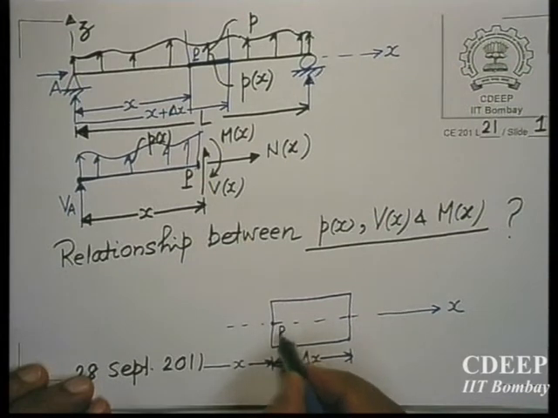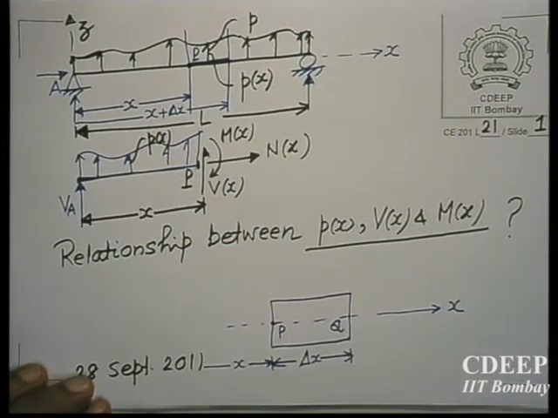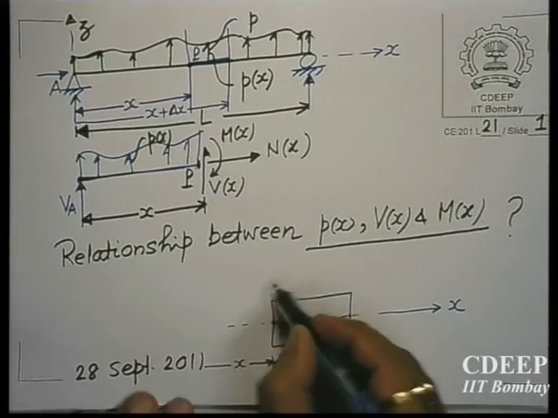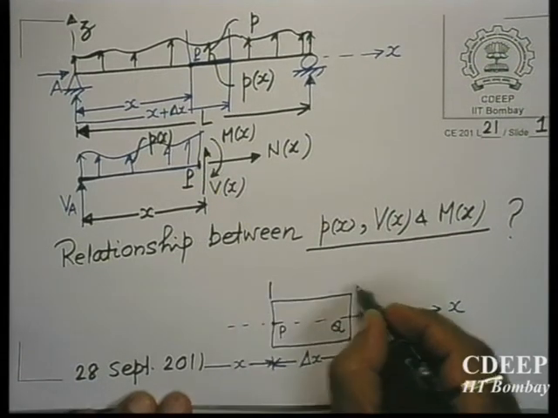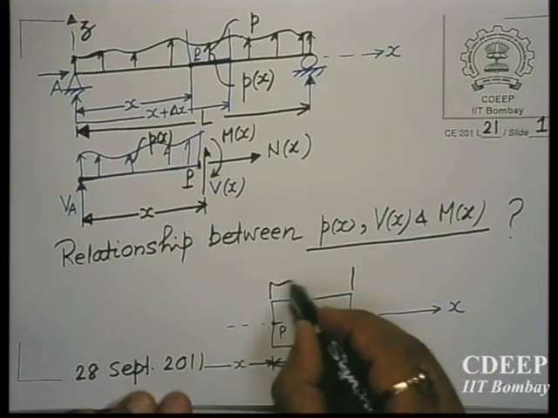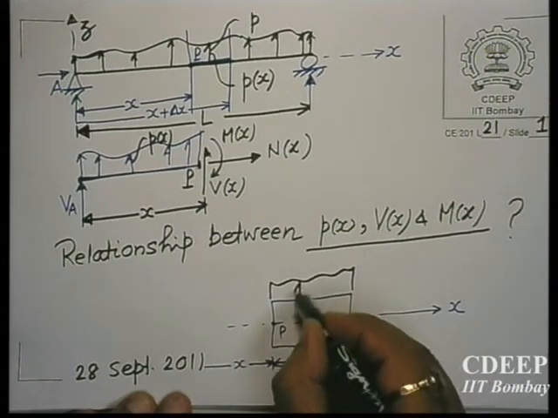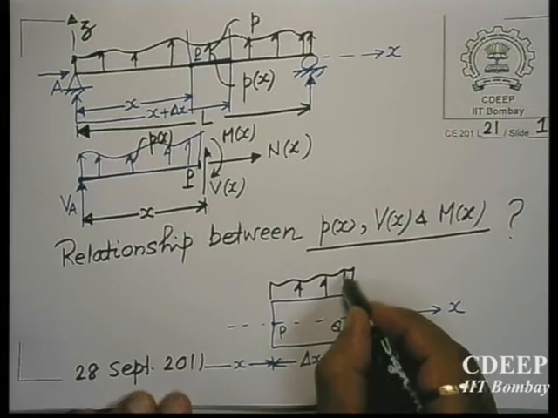So, this point is P, this is Q. Of course, there is a load which is varying, it is a distributed load.